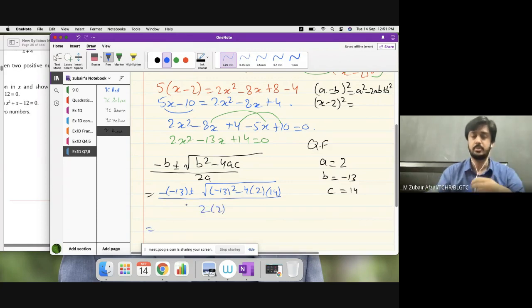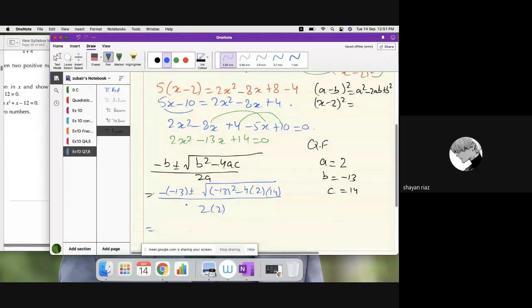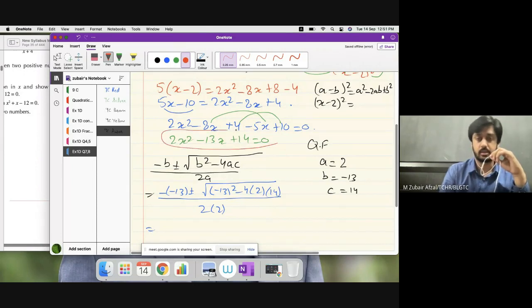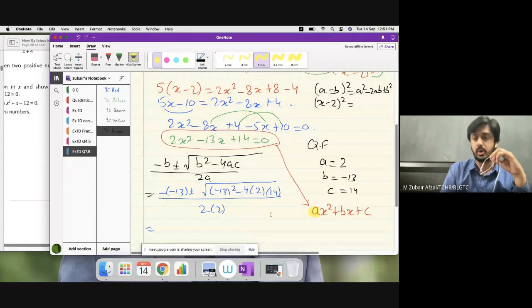Use your calculators, be with me and share your answers. Where should we get the values of A, B, and C? Do you remember the general form of the equation? The general form is ax square plus bx plus c. The coefficient of x square is always a.